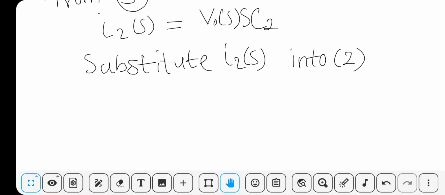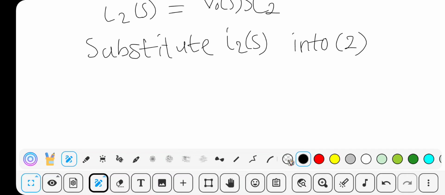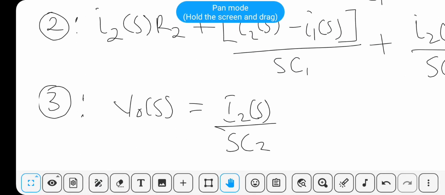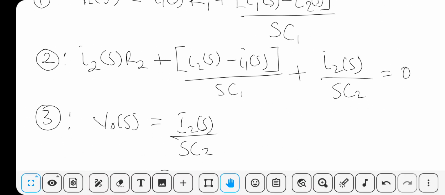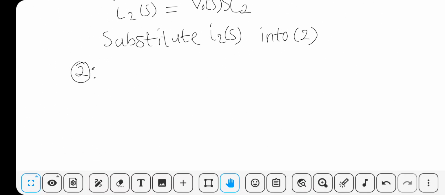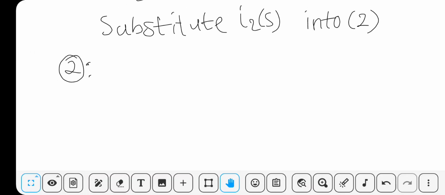I don't know if you understand, but let me just do it. So this is equation 2. I'll just substitute it. I will not actually write the equation. I'll just substitute and you can check it.